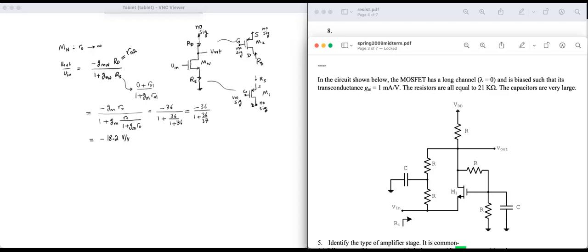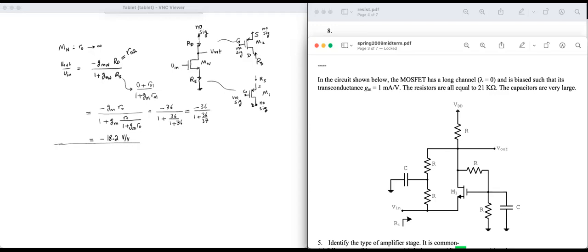And the capacitors are very large. These are external capacitors and they're very large. They're not the MOSFET internal capacitors, CGS, CGD, and so on. This means that at signal frequencies they will have zero impedance.